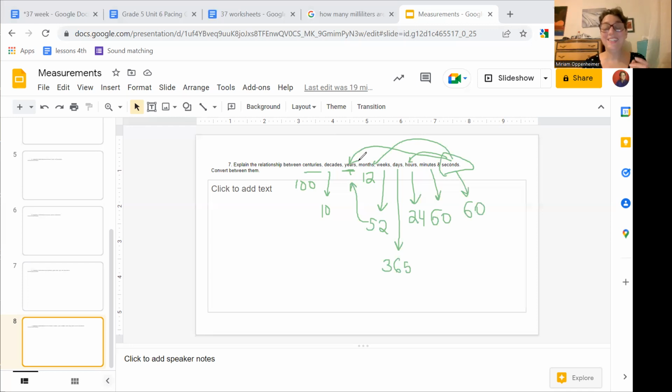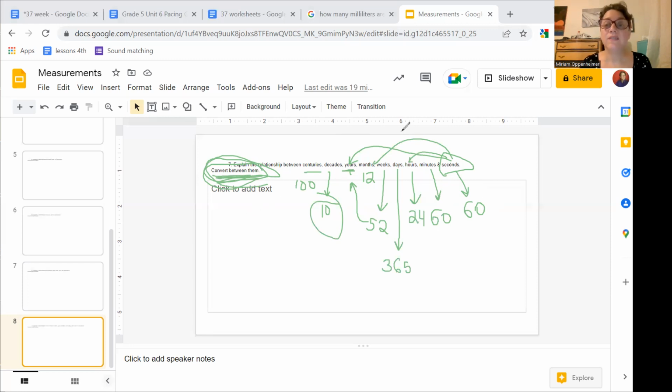That's pretty difficult. So that's what they mean by convert between them. When it says convert between them, you choose a small one and you say how many to make a big one. So you have to choose one and I want you to do the math.